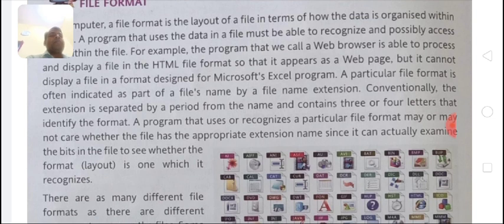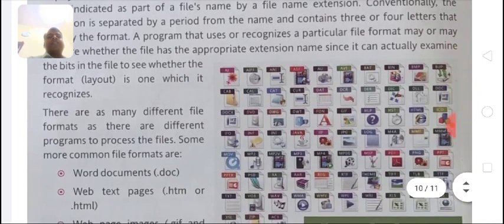A program that can recognize a particular file format may or may not care whether the file has the appropriate extension name, since it can actually examine the bits in the file to see whether the format is one which it recognizes.